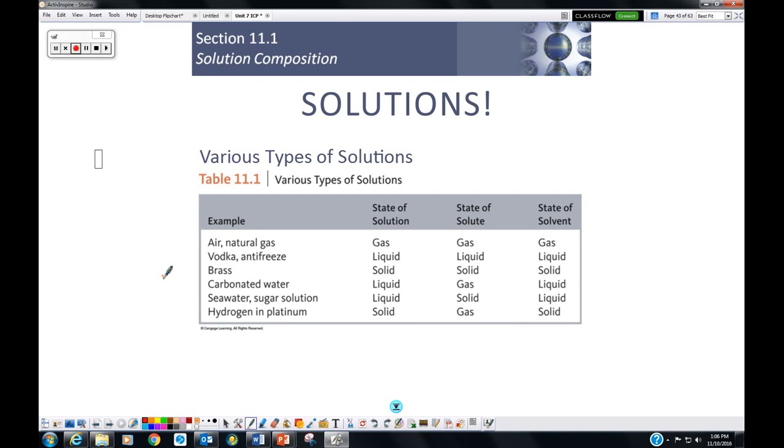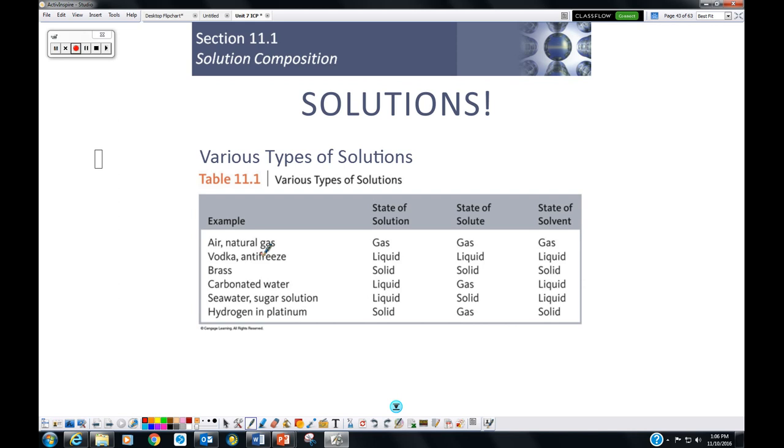So, types of solutions. If we have a gaseous solution where we're mixing a gas solute with a gas solvent, an example of that would be like air or natural gas.